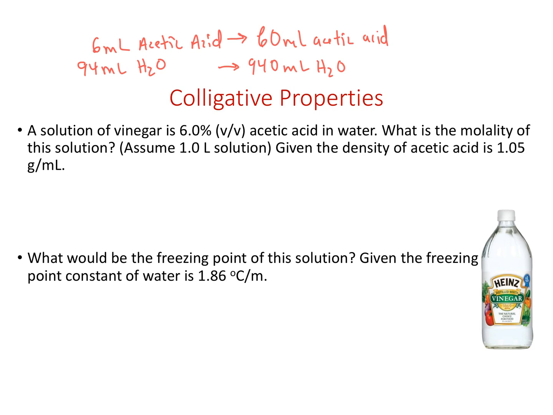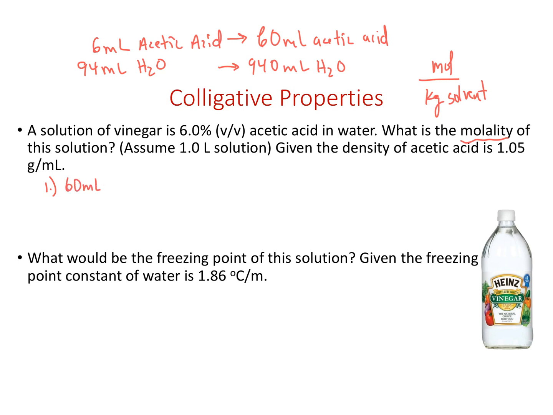Why is that important? That's important because we're asked to calculate molality, and molality is moles over kilograms of solvent. So we needed to find the volume of our solvent so we could find the mass of our solvent. And I also needed to find the volume of our acetic acid because I need to find moles of acetic acid. So step 1, we're going to find moles of acetic acid.